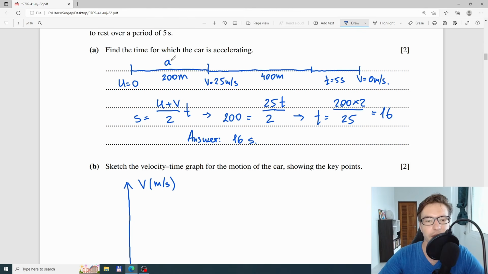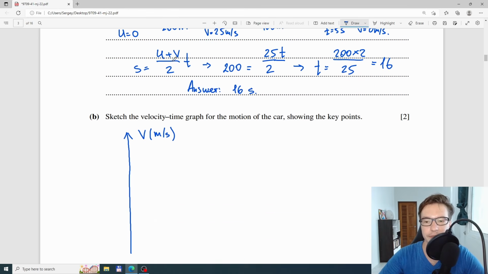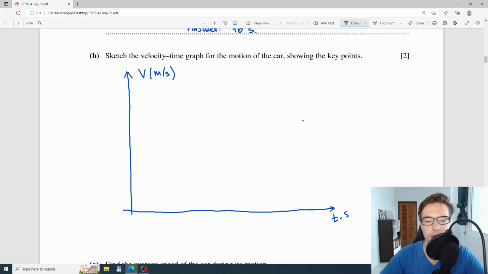We are moving with a constant acceleration, so that means our graph is going to look like a straight line. We move for 16 seconds, and we'll reach the velocity of 25 meters per second, starting from 0, 0. So here we go, that's our first part of the motion.